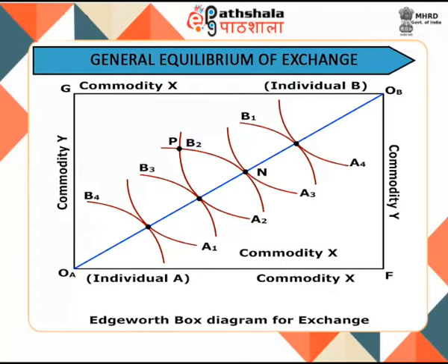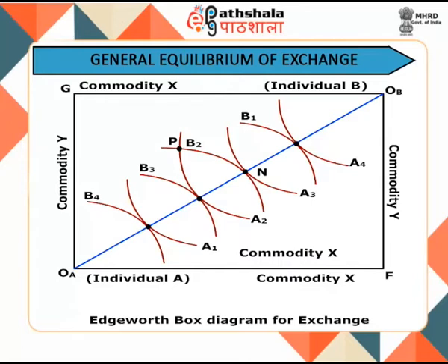Any movement along the contract curve is a gain of utility to one individual and a loss to the other. The contract curve itself does not depend on the initial endowment. The contract curve describes all the possible efficient outcomes of mutually advantageous trade or exchange from starting anywhere in the Edgeworth box.